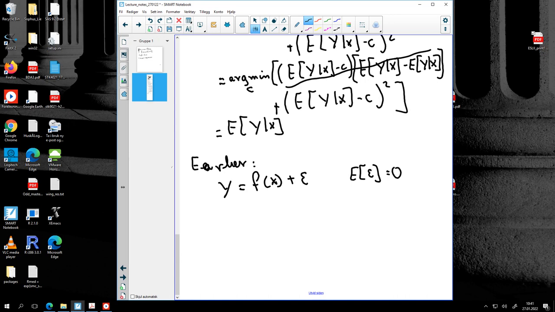And then we have that the expectation of y given x is just f of x. And this is the target. That's the function that we actually want to estimate. And this decision theory is then an argument for why this expectation is a reasonable thing to do, or actually the optimal thing to do in this setting.